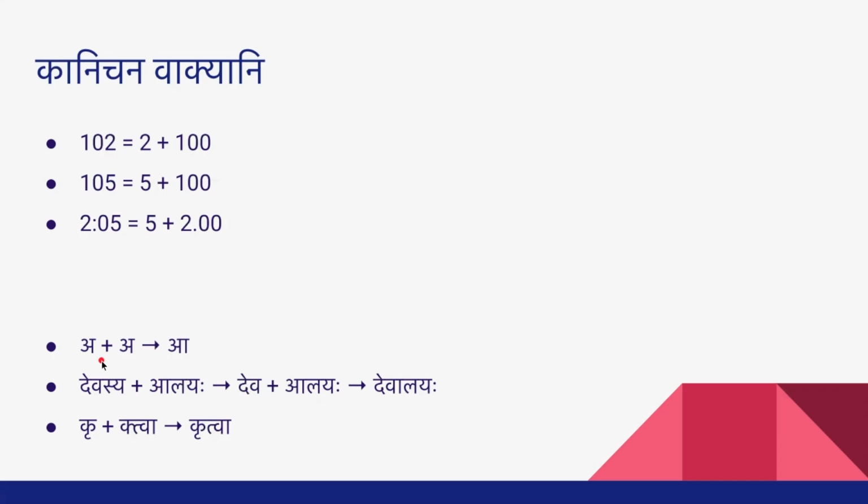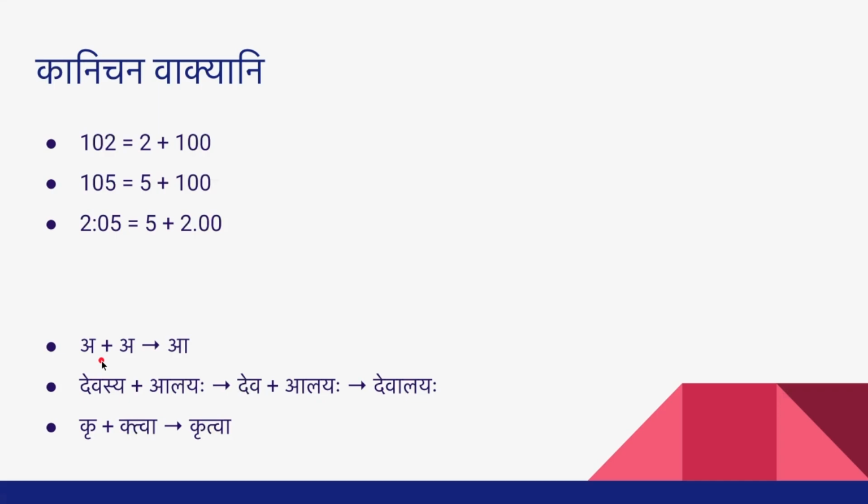Whenever we use words in Sanskrit, we should avoid word by word translation. We cannot say 2 is dve, plus is adhikam, 100 is shatam, "dve adhikam shatam." That's not the way to translate.